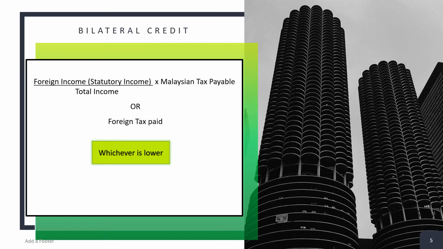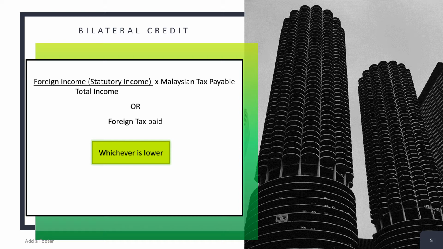This is the formula of bilateral credit, where the foreign tax you compare with the Malaysian tax on that income. In order to know the Malaysian tax on the foreign income, you need to do this formula.